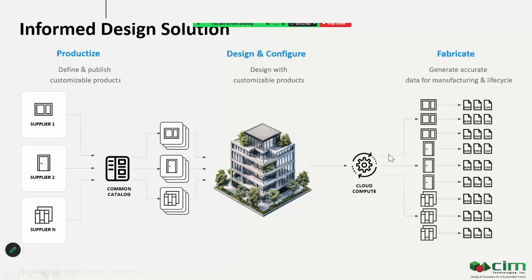the fabricators can access the building project and quickly understand which products have been used. They are notified and are now able to generate the manufacturing instructions, so they can generate a range of outputs: bills of materials, manufacturing drawings, and even 3D file formats.